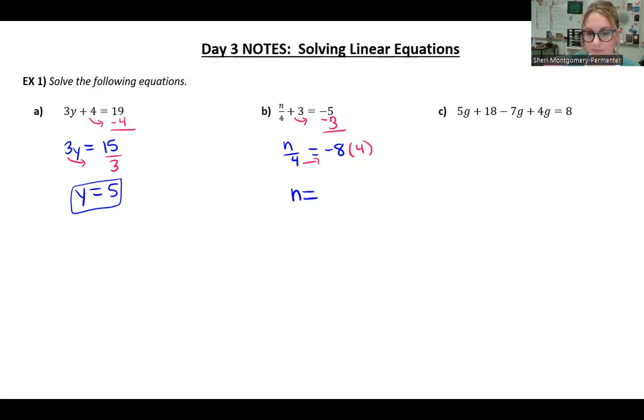Very good. If I wanted to check to see if I did it correctly, how could I do that? We don't have a calculator. How can we do it? It's the same way we would check on part A. How would we do it?